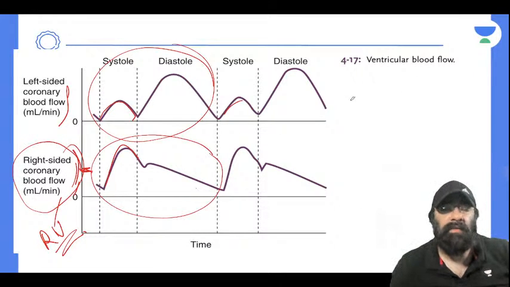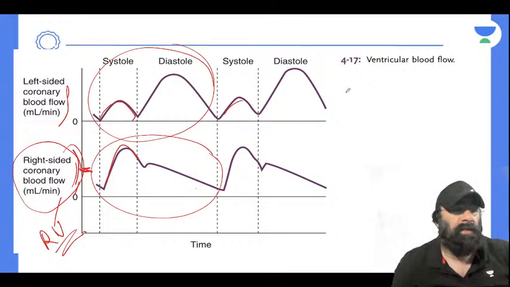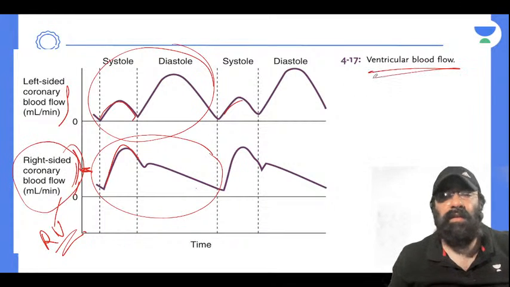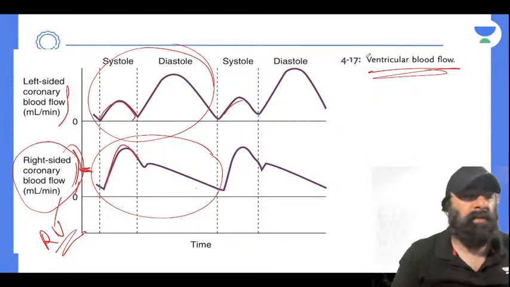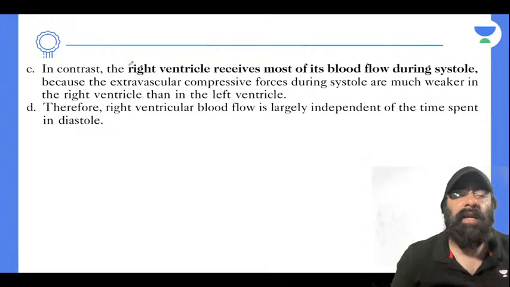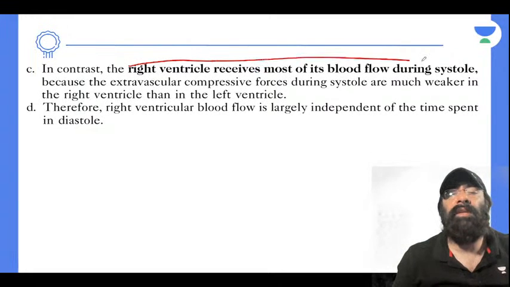There are certain things which we talk about. This is the ventricular blood flow. Anyways, we'll talk about that in later videos because that is all the clinical part. In contrast, the right ventricle receives most blood flow during systole.